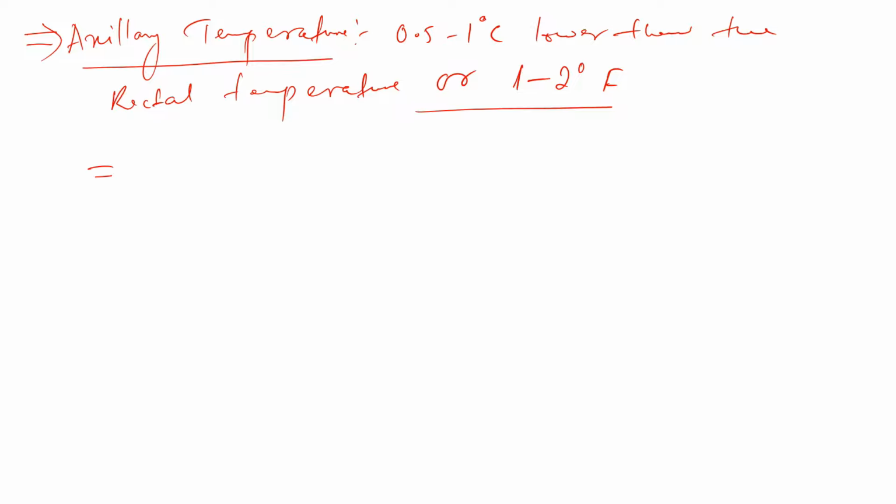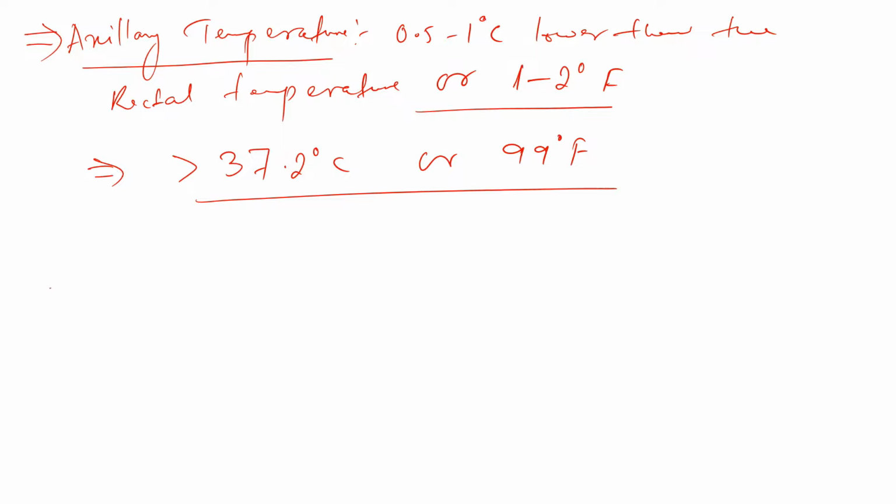And a child is said to be having fever if he has a temperature of more than 37.2 degrees Celsius or 99 degrees Fahrenheit in case of axillary temperature.